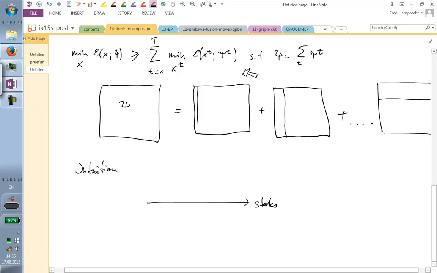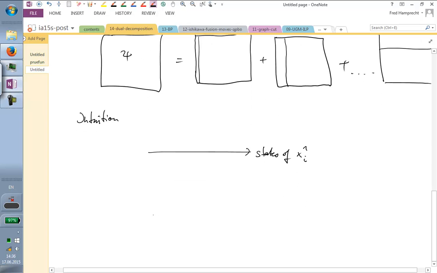Let's say these are the states of random variable xi1, and these are the states of my second incarnation of node number i, and I now have, let's say, a unary potential associated, or let me not, okay, I'm going to write energy here, and I'm going to be a bit vague about what exactly I mean by that.